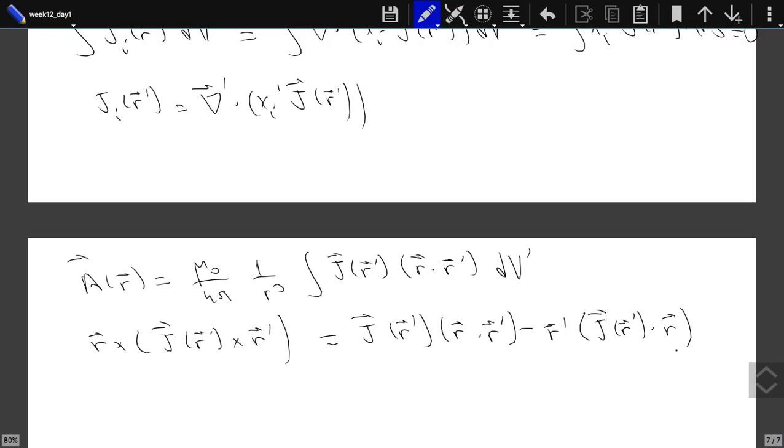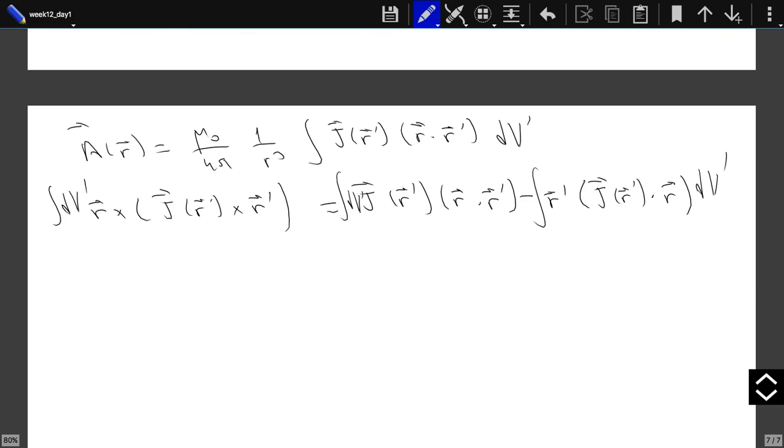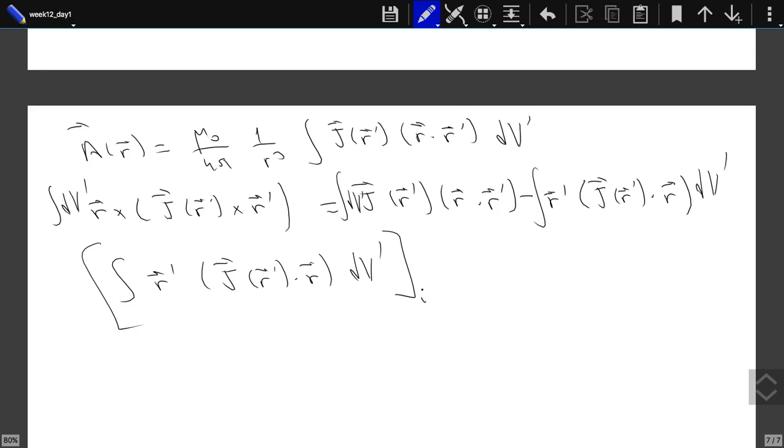Now, just keep in mind these expressions appear in a volume integral. Let me look at the last volume integral. Let me take the i component.